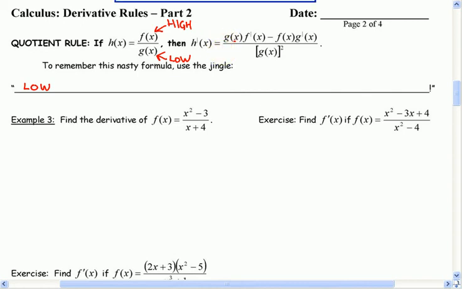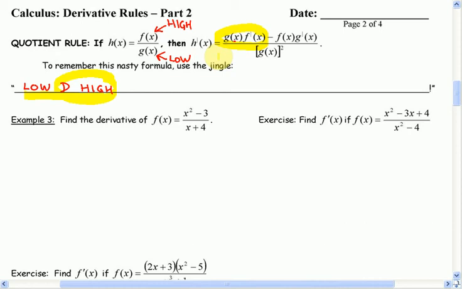How about this? D. D stands for derivative, okay? So D high. D high. Wait, why is it D? D is my interpretation for derivative, because derivative is too many syllables.